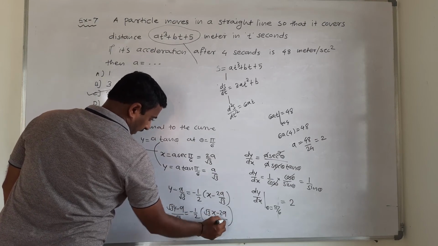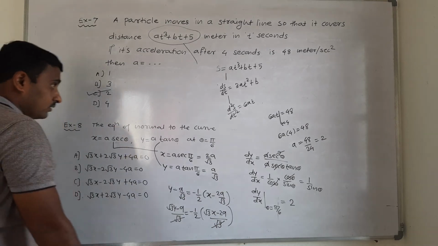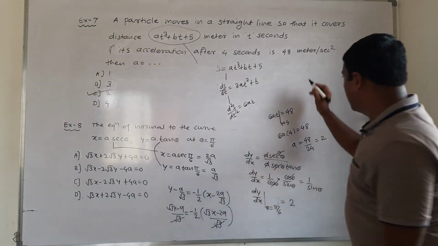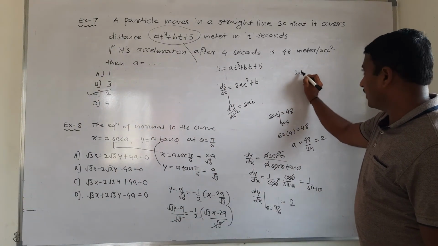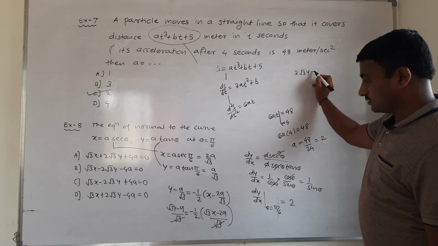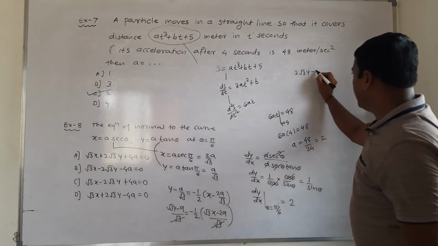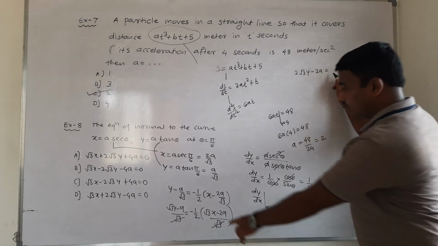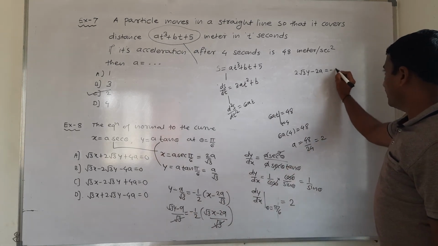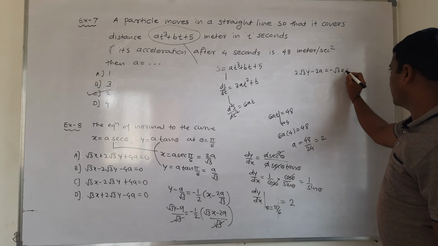This root 3 cancels. To transfer, we get 2 times root 3 y minus 2a is equal to minus root 3 x plus 2a.